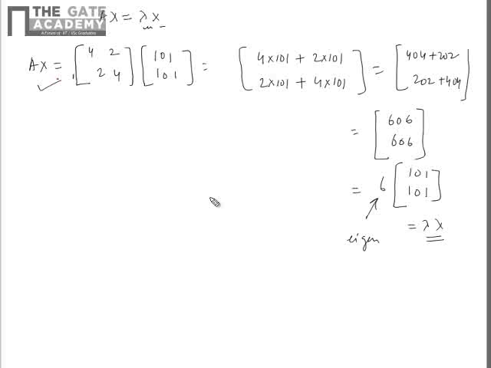Started with this, I got this, so Ax is equal to lambda x, and this lambda becomes your eigenvalue. So it is 6. So 6 is the answer. Option C. Answer is C.